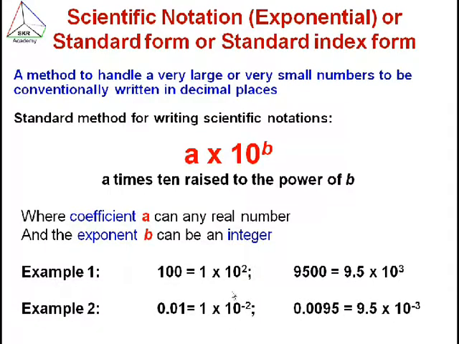In example number 2, if we want to convert 0.01, this will become 1 times 10 raised to the power of minus 2, and 0.0095 will become 9.5 times 10 raised to the power minus 3. So let's see how we can convert these values into scientific notation.